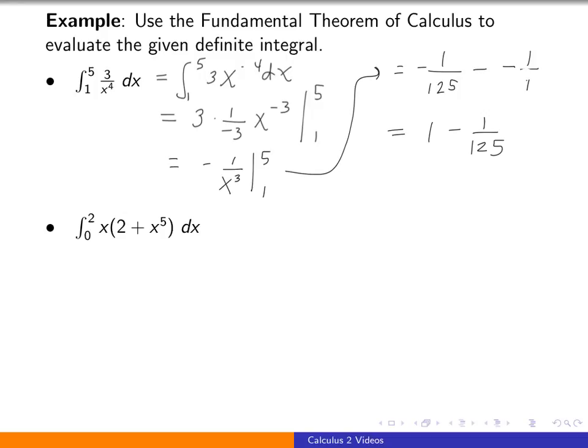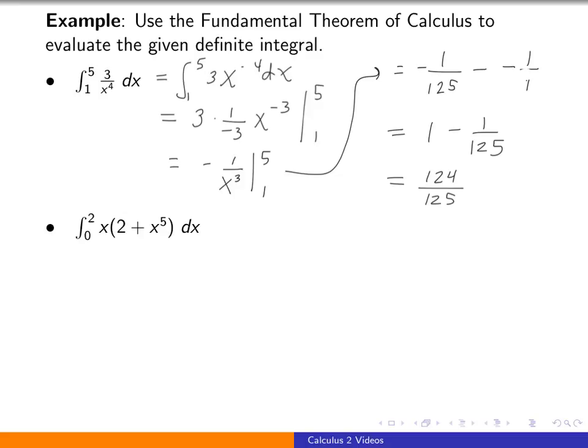And remember what this positive number is telling us, so we could write this as 124 over 125, is it's a net difference of enclosed area. If you were to sketch the graph of this function from 1 to 5, it's sitting entirely above the x-axis, and this is the area enclosed between the graph and the x-axis from 1 to 5.